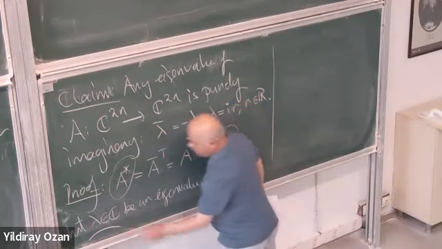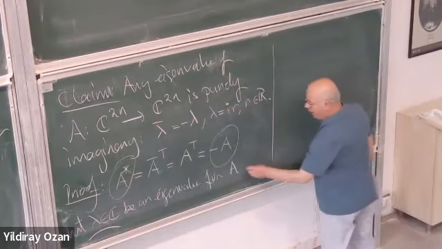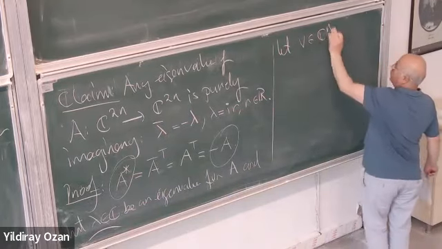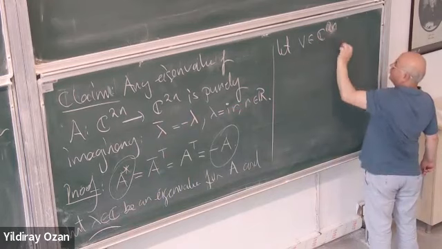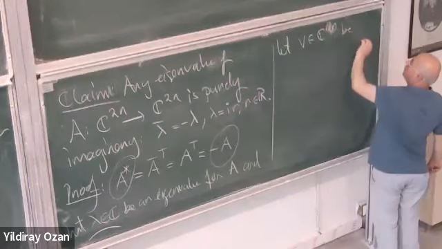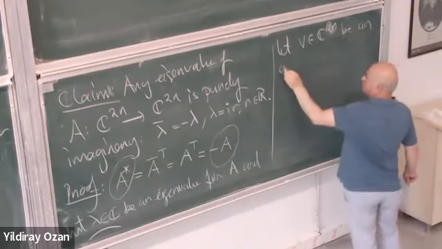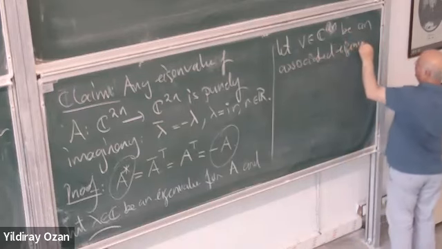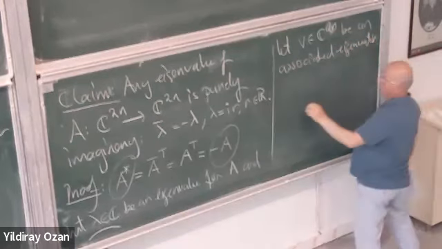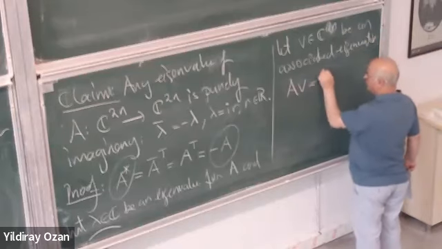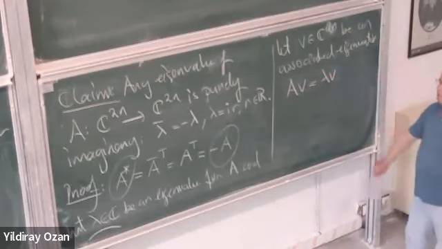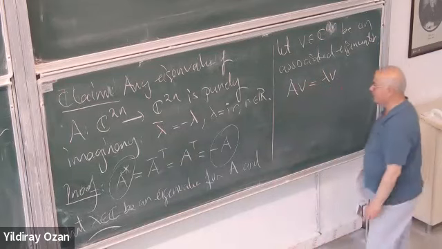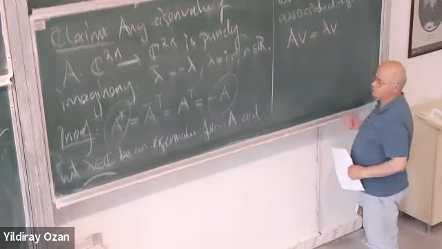It doesn't have to be real; it's a complex number. Let b in C^2n be an associated eigenvector. A times b is just lambda b. What we have to show is that lambda bar is just minus lambda. All right, let's see why that's true.